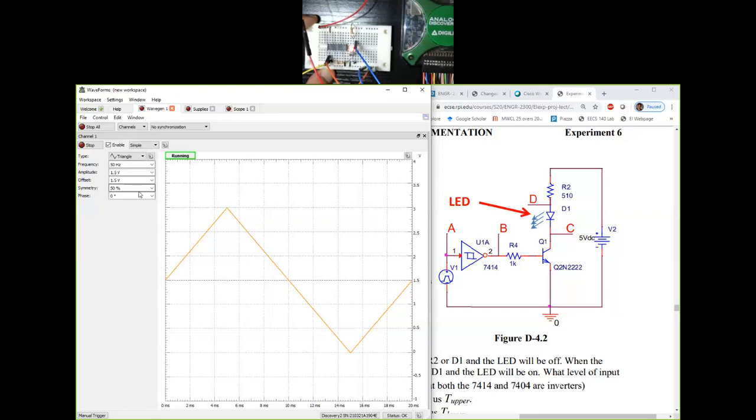It appears as if it is on all the time, which is essentially the response of a human eye, which is why the refresh rate of television screens, the 60 Hertz number, is a standard. Because the human eye cannot distinguish changes that happen faster than 40-50 hertz. So 60 hertz is pretty good.